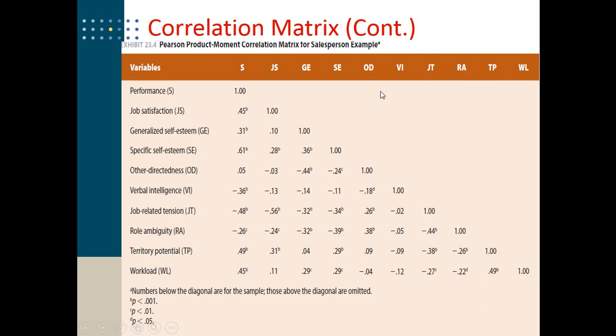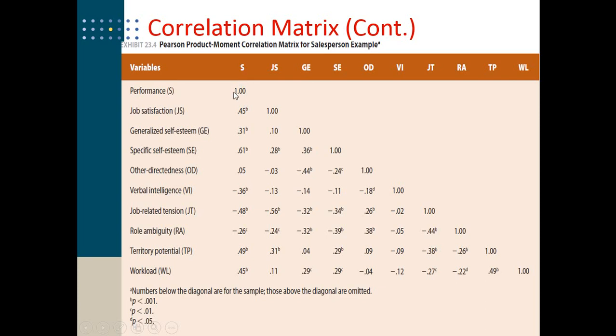Now look at this correlation matrix. If you look at these numbers, these are the correlation coefficients between two variables. For example, this one is the correlation between performance and performance as well. That's why it is 1.